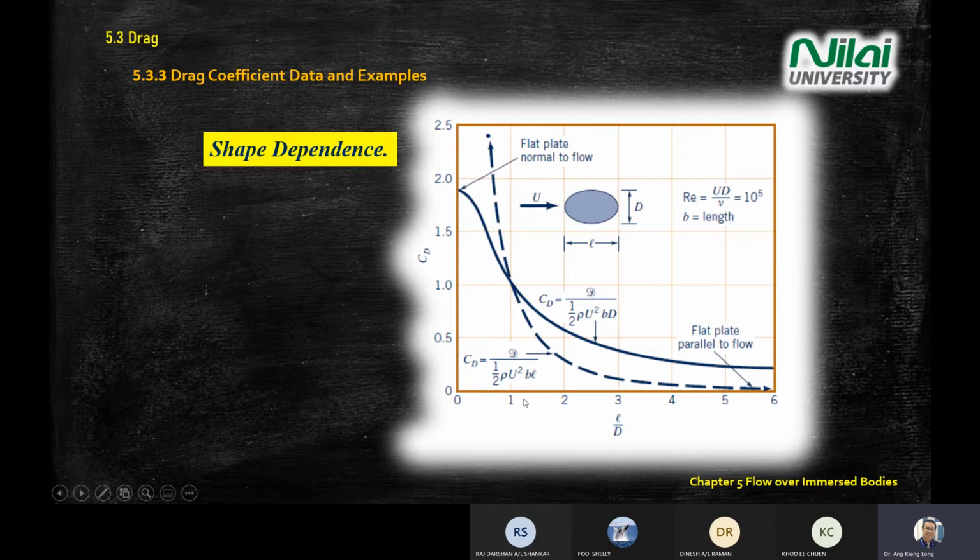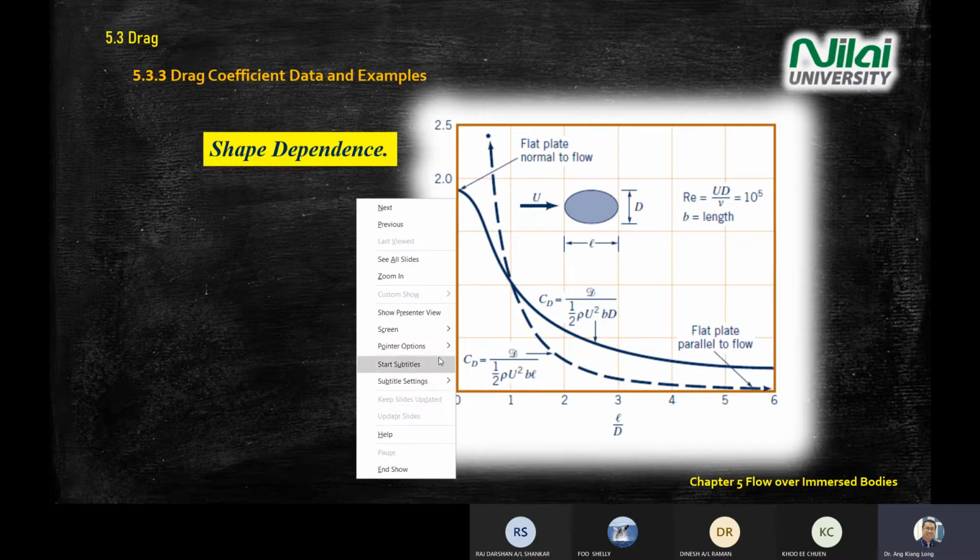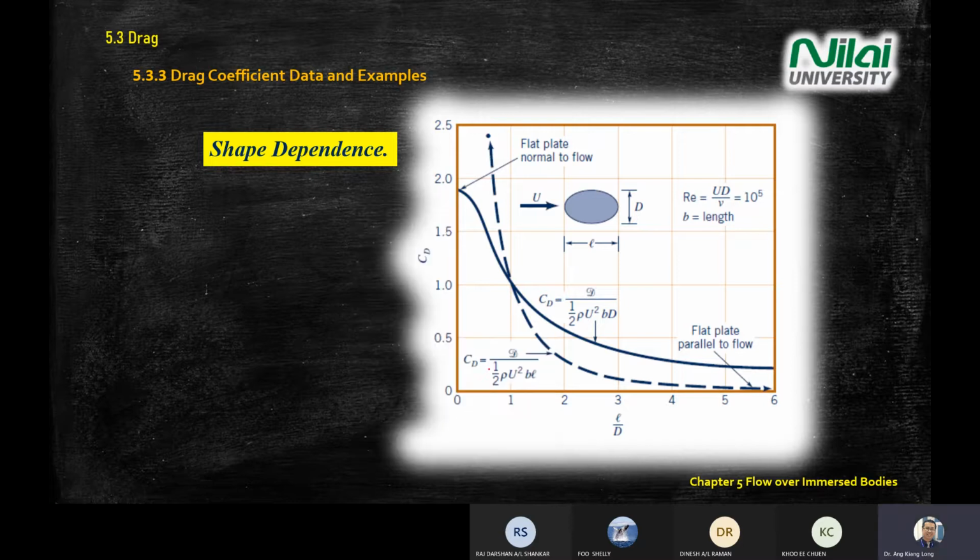What does this number mean? What is meant by 1? It means your L over D is 1. So if you look at this object, L over D equal to 1 means it's a sphere. Your L equals D.